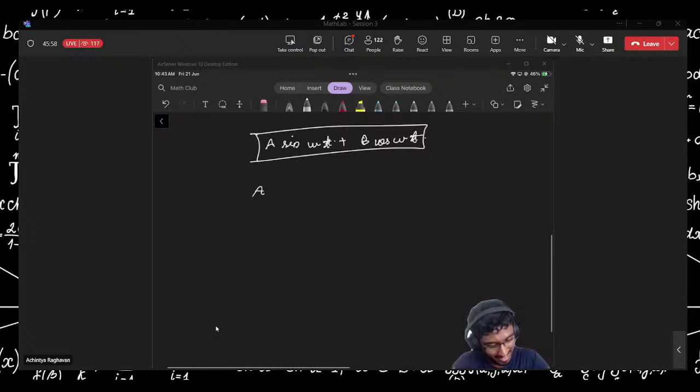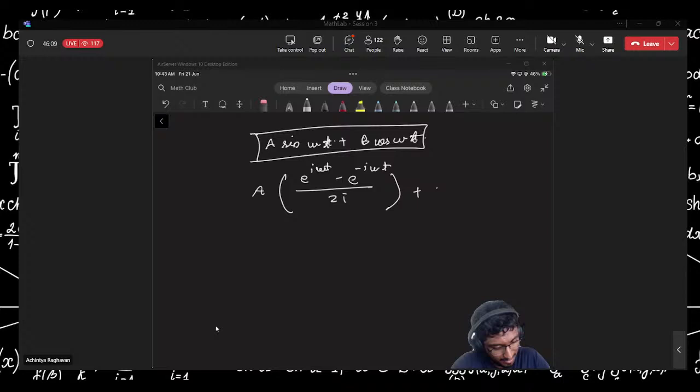So you know sine can be represented in terms of exponential. This is e power i omega t minus e power minus i omega t by 2i, plus b times e power i omega t plus e power minus i omega t by 2.